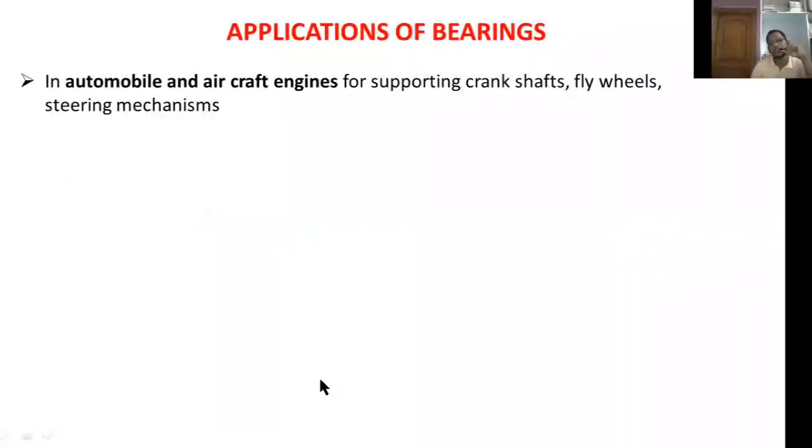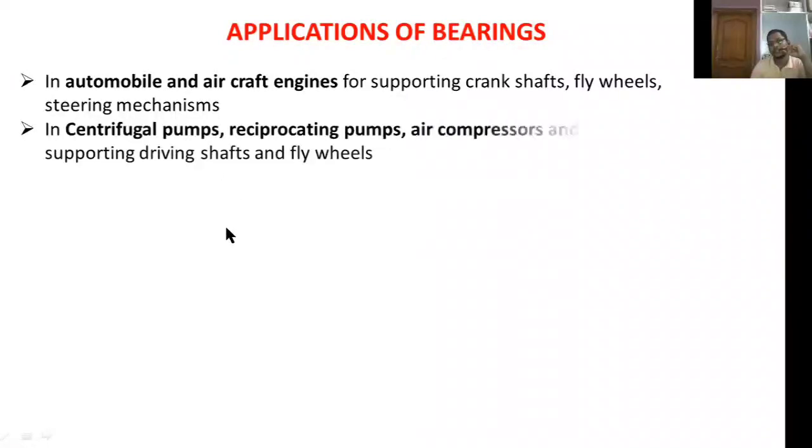What are the applications of bearings? Bearings are widely used in automobiles and aircraft engines for supporting crankshafts, flywheels, and steering mechanisms. Bearings are also used in centrifugal pumps, reciprocating pumps, air compressors, and motors for supporting driving shafts and flywheels.